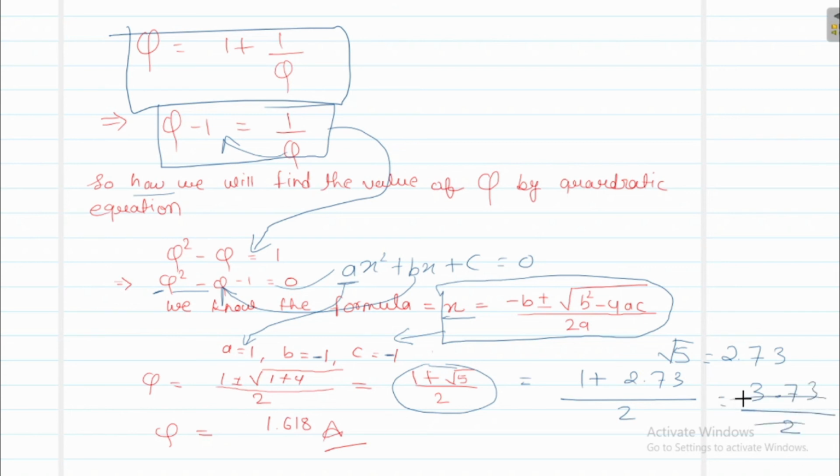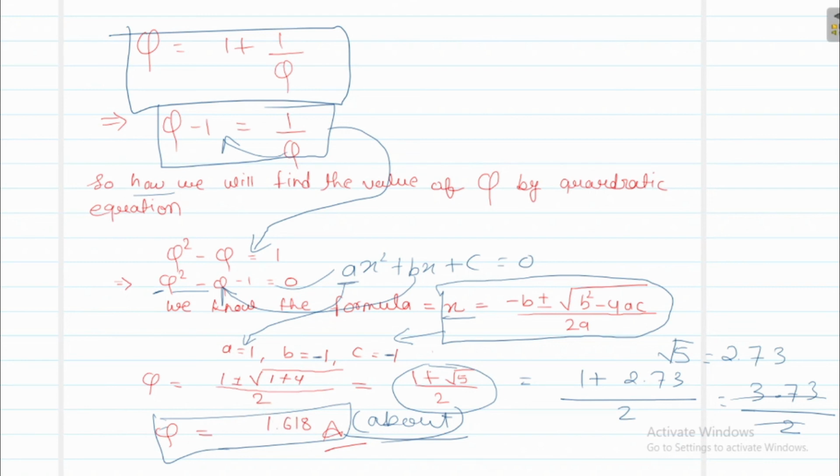So about we will find the value of phi, which is 1.612. So this is our golden ratio, which is denoted by phi, and the value of phi is 1.612.